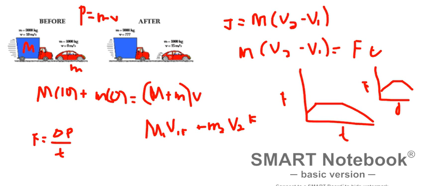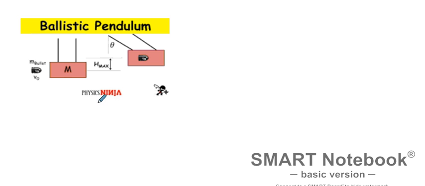Now there is a ballistic pendulum for us to look at. What if a bullet is shot at a ballistic pendulum and it swings up to a new maximum height? Remember, the height of a pendulum does equal L minus L cosine theta. Sometimes they tell you what the height is. The bullet hits, it swings up to a new maximum height.